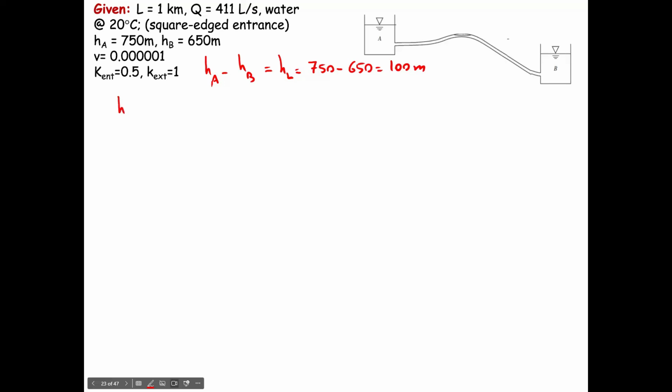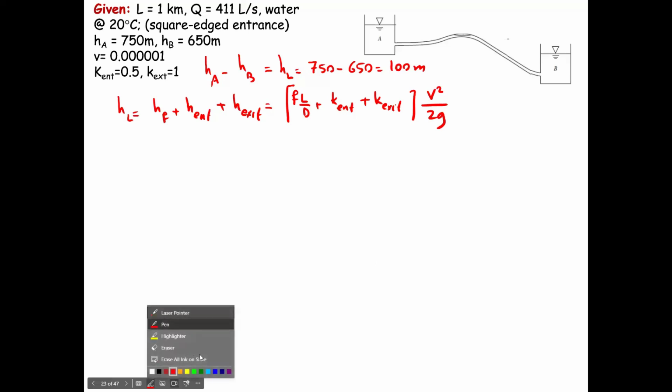And again, HL equal to HF plus H of exit, H of entrance, which you have F L over D, K of entrance, K of exit, and V square over 2G. The problem again starts here.